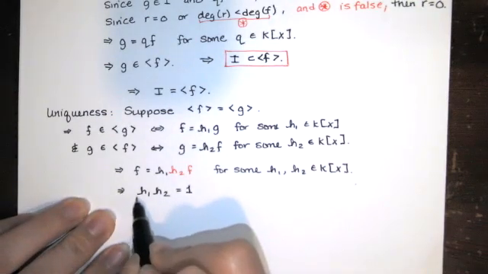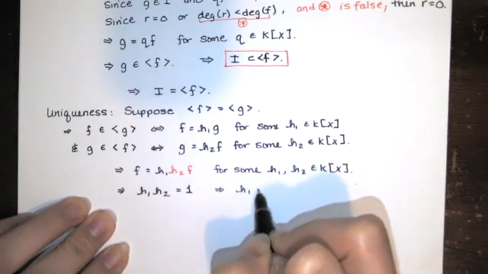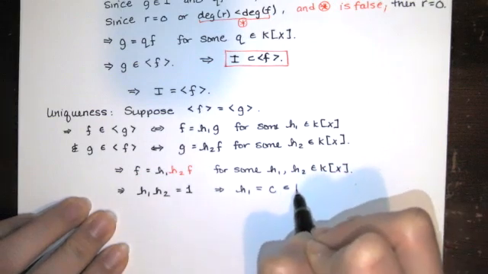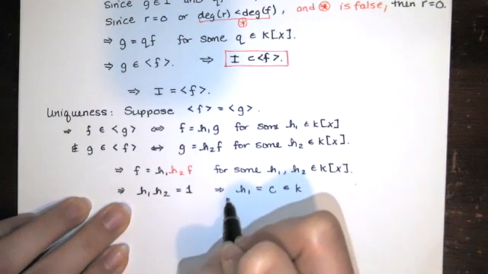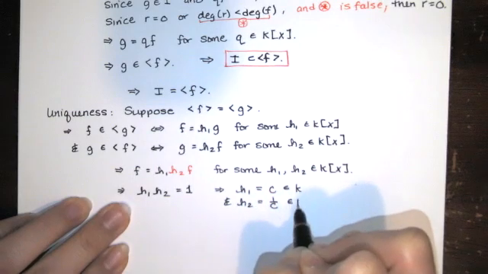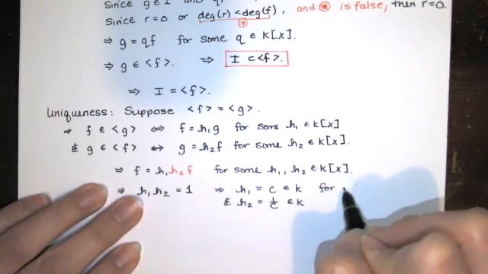So if this is true, then h1 must equal some constant. Let's say it's c, and that's going to be in our ring K. And h2 must be 1 over c. That's for some c in K.